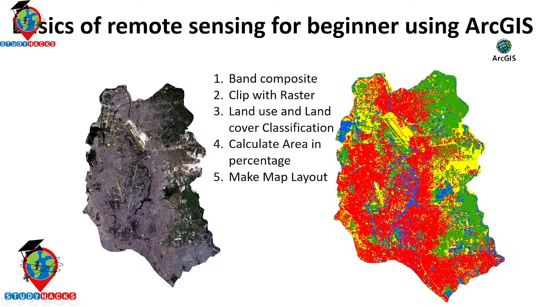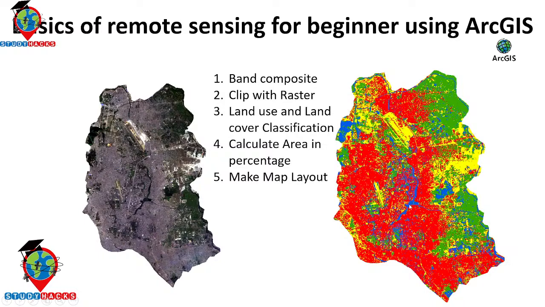So today I will try to discuss this topic, and when you want to learn it, we need to know some things about band composite. We also need to clip the raster, then make the land use land cover classification, as well as calculate the area.